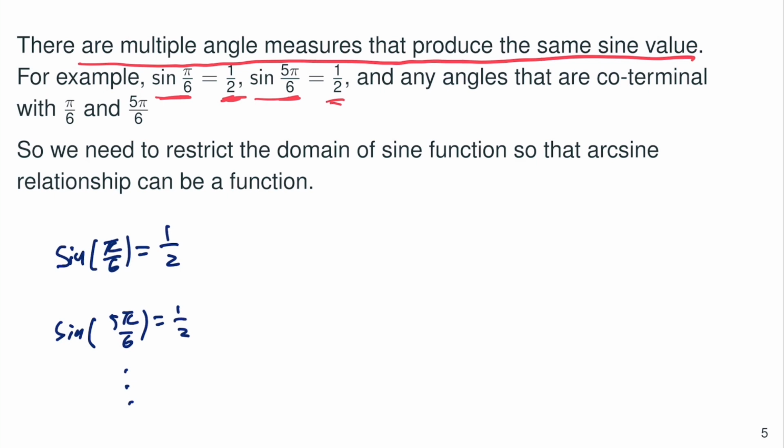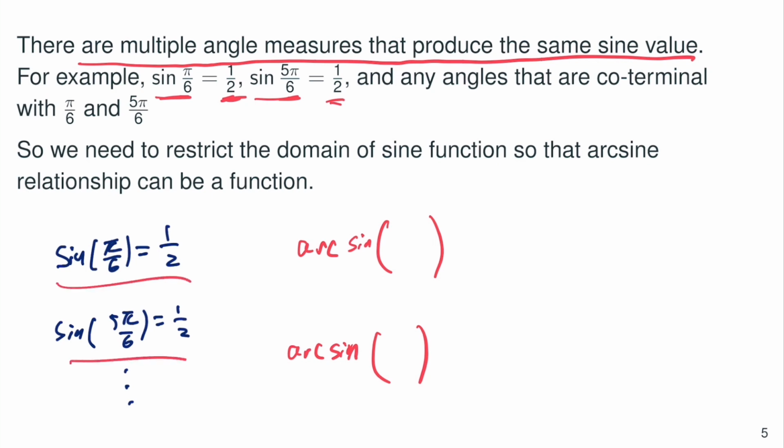But when we're inverting, arcsine, let me make it bigger, arcsine. If I invert it, it turns out if I plug in arcsine of a half, it gives me the angle pi over 6. But it also gives 5 pi over 6.